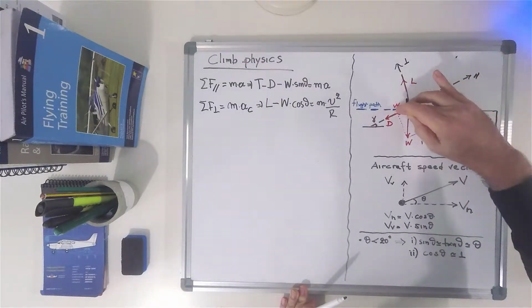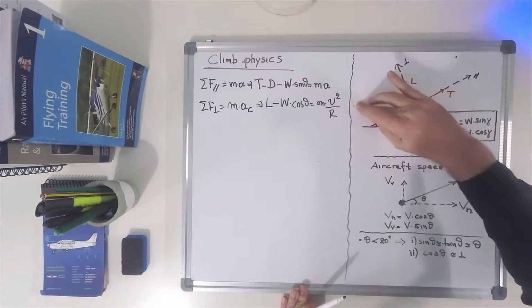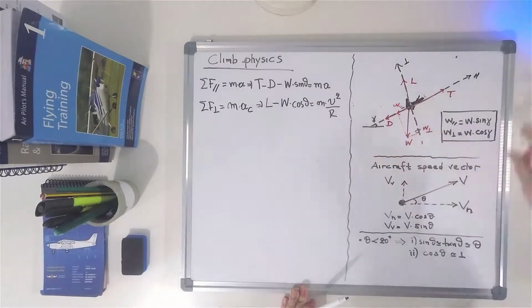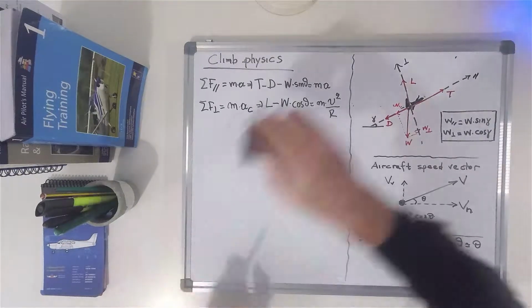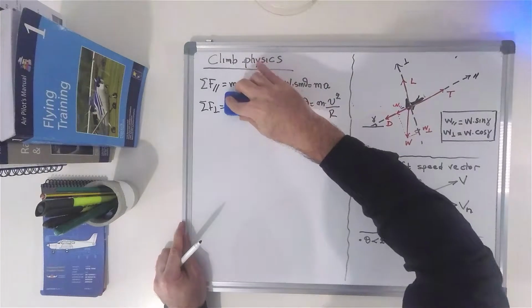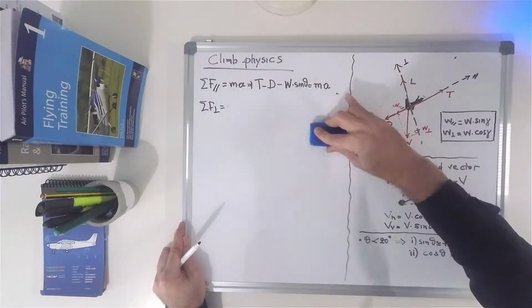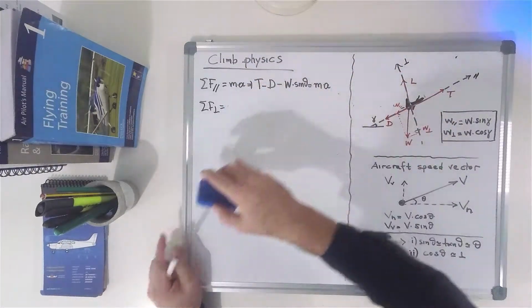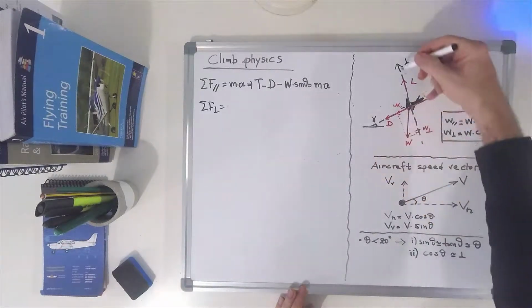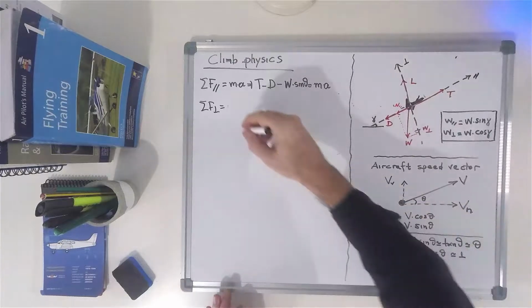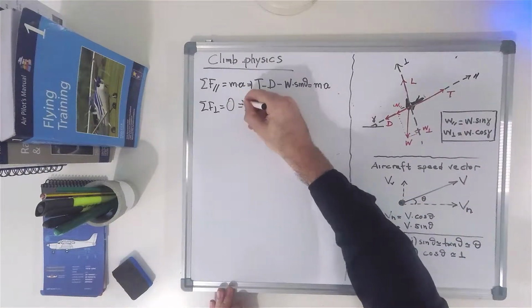then the flight path would be that one. So in this case the situation is simplified. The aircraft is still accelerating along this axis, but along this axis the aircraft is in equilibrium.